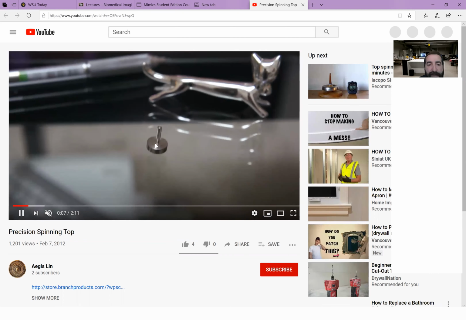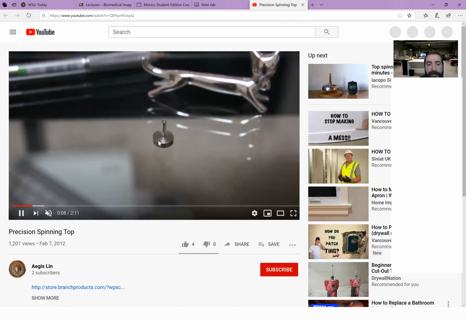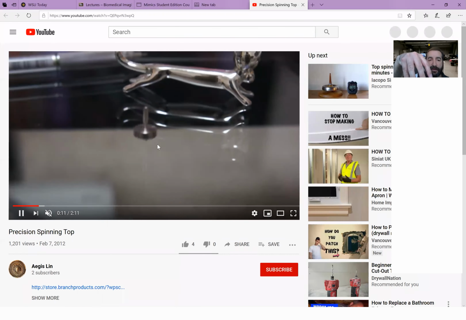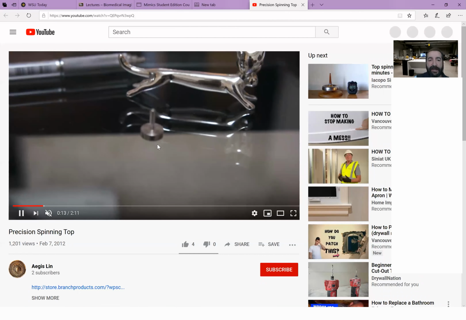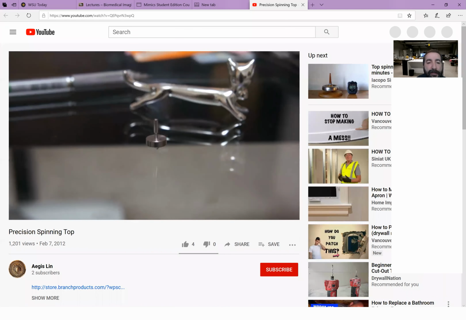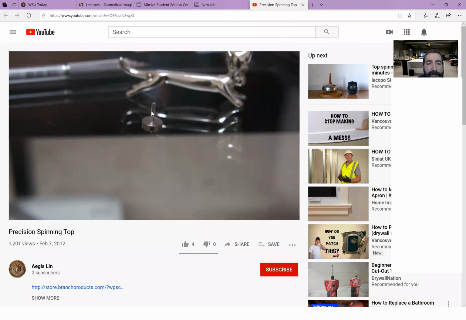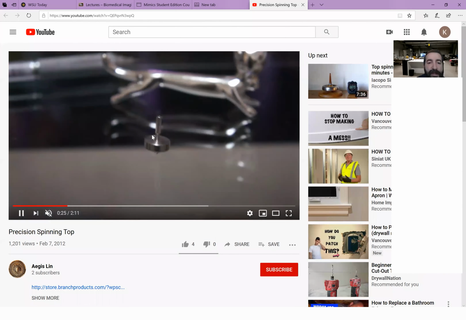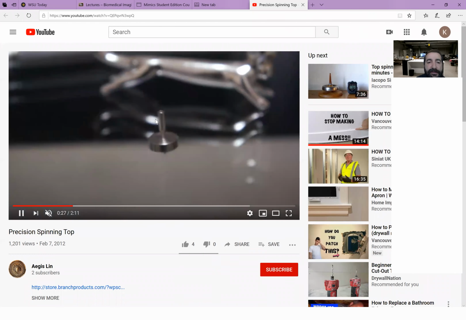It has angular momentum because it's rotating, but there's also an external force called gravity pushing down on it, right? But you see how it's wobbling? It's wobbling about the external gravitational force. That's called precession.